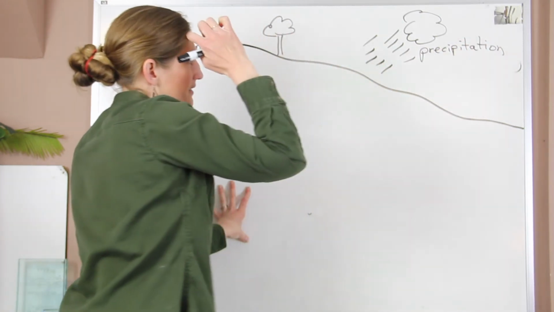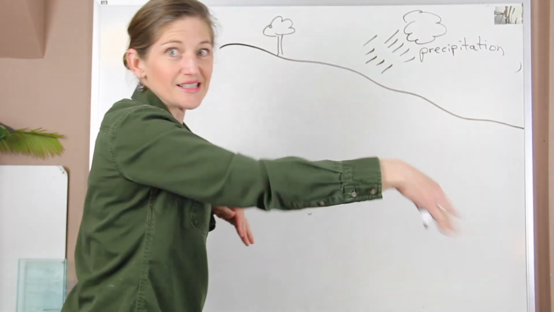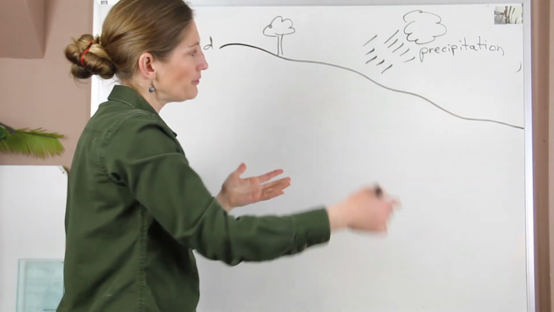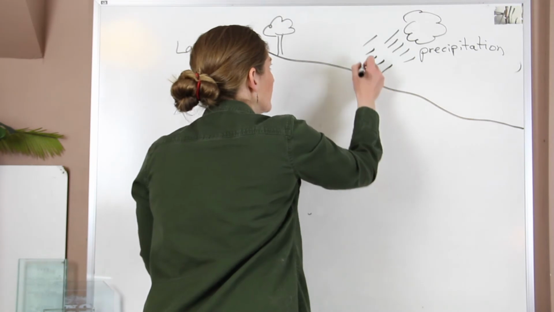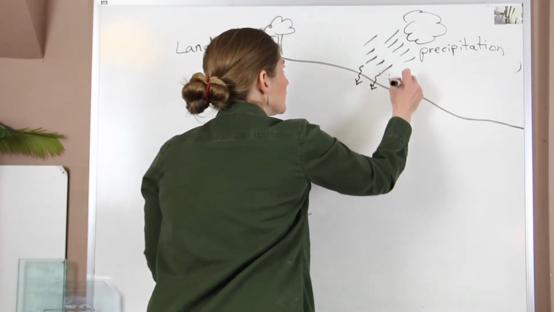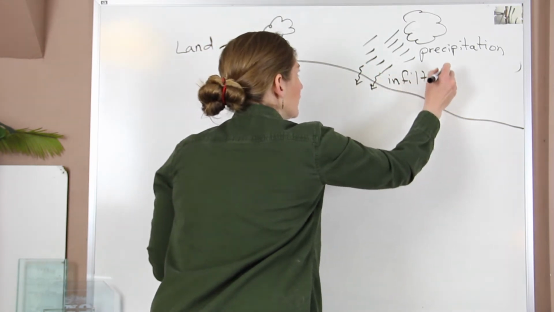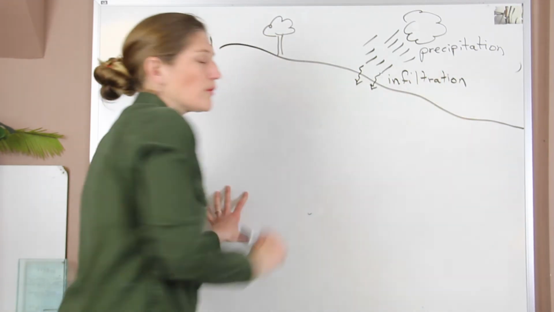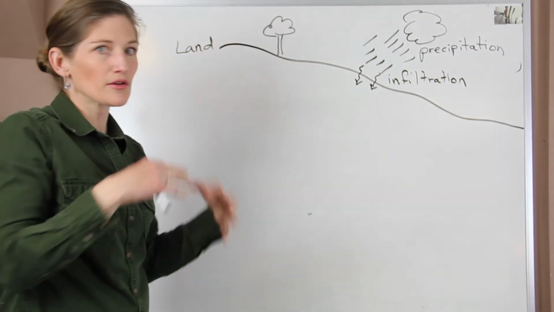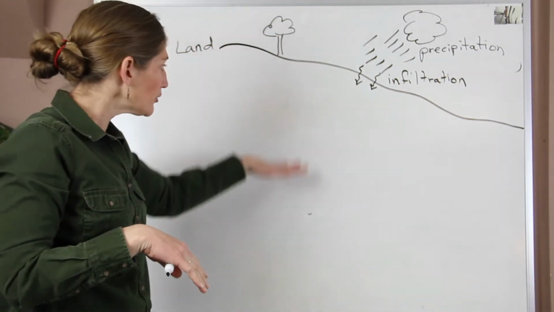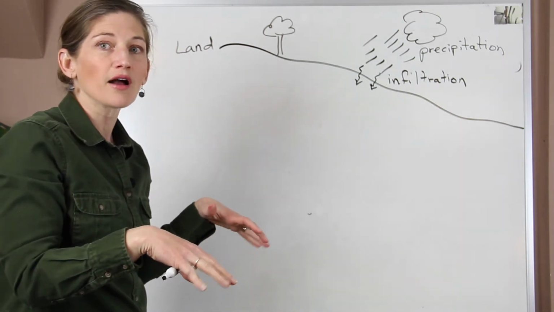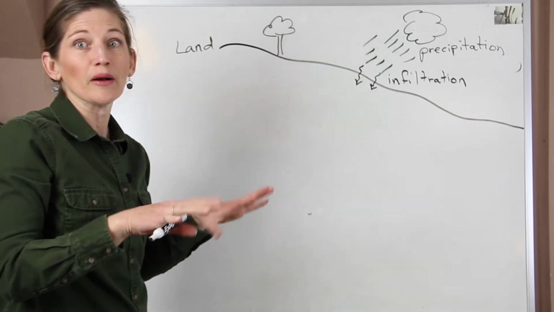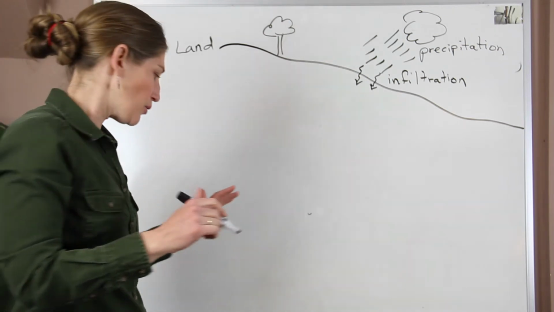When the water hits the ground, it can flow down the surface as runoff, and it can go into a stream system. But a lot of it infiltrates into the ground. And as it moves into the ground, it's going to keep going down below the surface through all of those pore spaces in the rock until it reaches a layer where all of the pore space is filled with water.